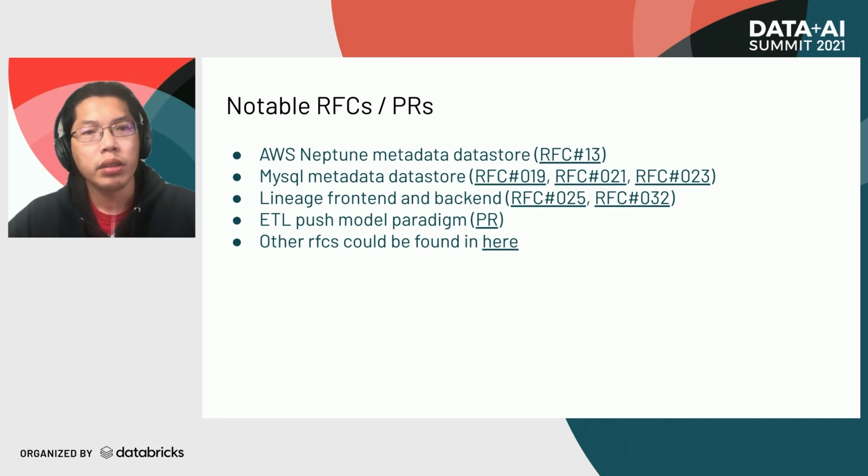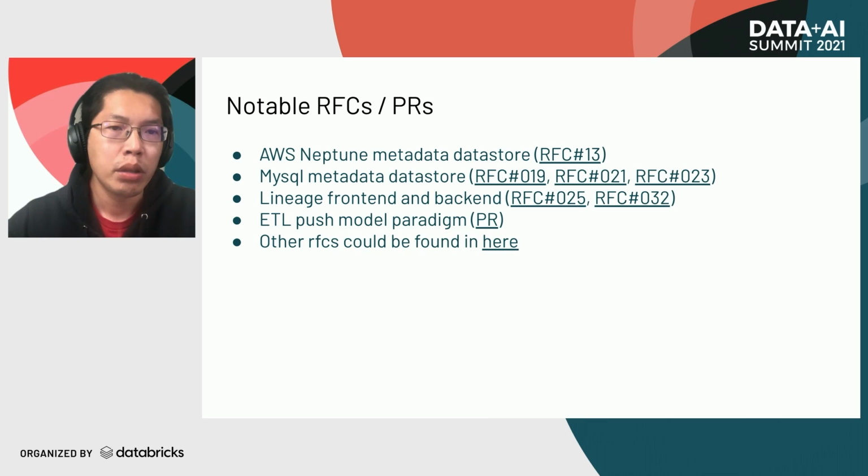And for Amundsen, there are a few notable RFCs or PRs that happened recently. For example, the community provides support for using AWS Managed Neptune, which is a managed graph database, as another offering for the metadata store. The same goes for using MySQL as a metadata store as well.